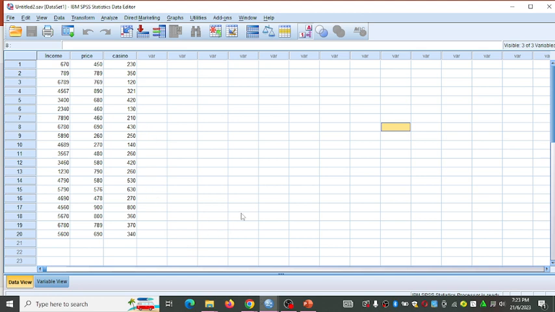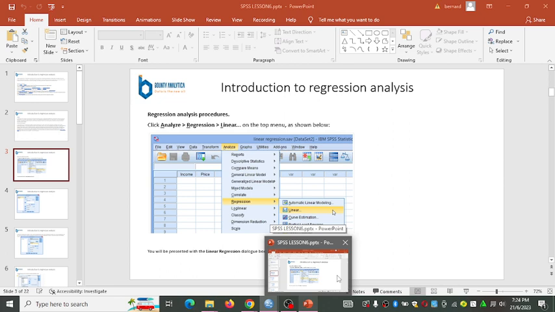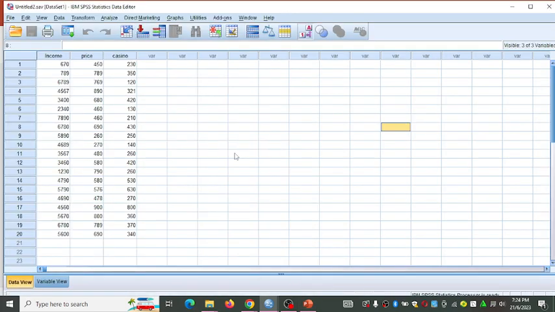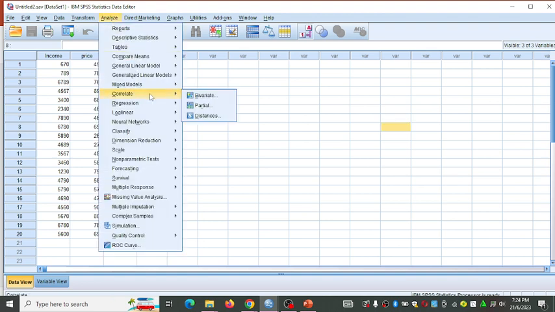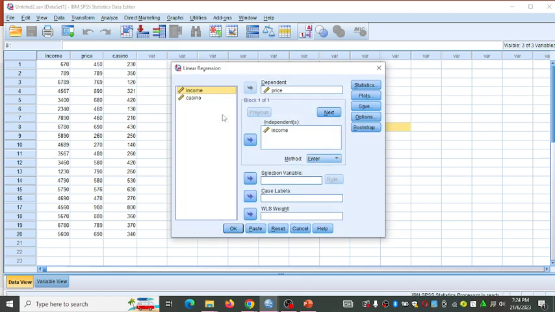You click on Analyze, then Regression. From there you click on Linear. I want each person to click on their own computer.